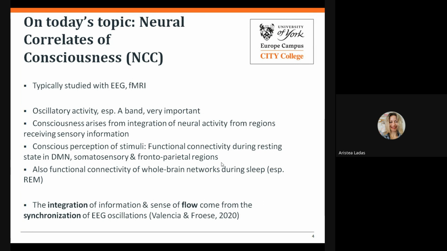Now, consciousness is believed to arise from the integration of neural activity from regions receiving sensory information, because, as Aristotle also supported, when we are awake, we receive sensory information all the time, whether we perceive that we perceive it or not. So we cannot have consciousness if we do not have sensory integration of information. And it's the integration of information which is important, that brings about that sense of being conscious, because it's not information per se.